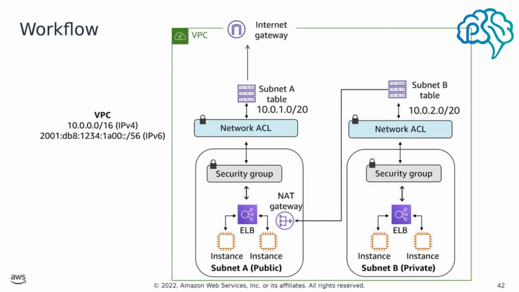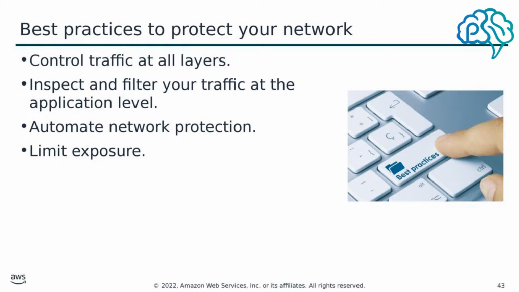If we talk about securing your infrastructure, I think the big thing to consider is that a load balancer and VPC work together. And a VPC, as we talked about, has all these subcomponents and these sub layers of security. So the main takeaway is that to protect your network, you want to control the traffic at all of the layers.